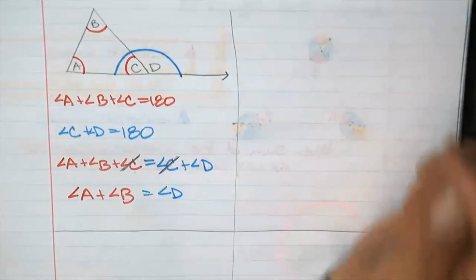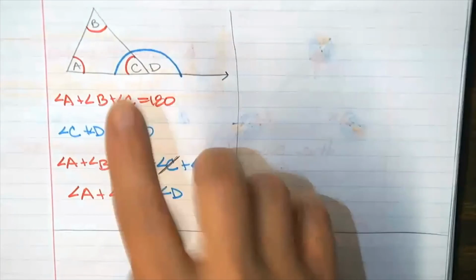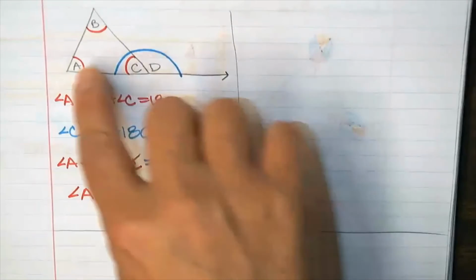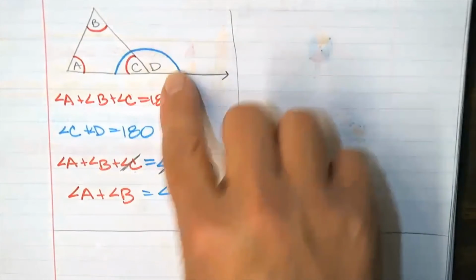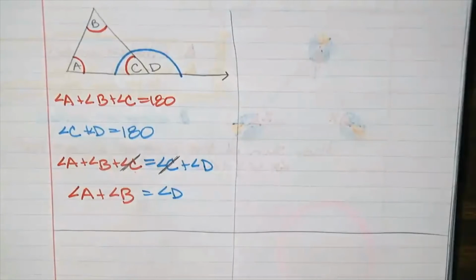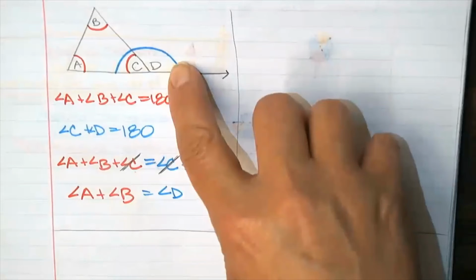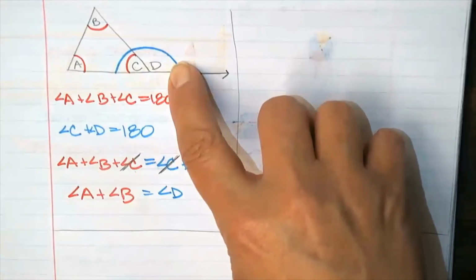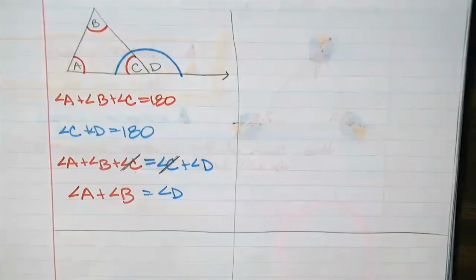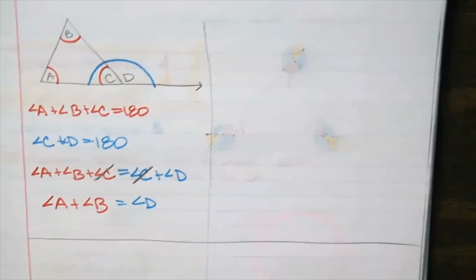Yeah. So if I tear these off like we did, angle A and B will fit in here. So A and B are equal to D. So we're going to use that.